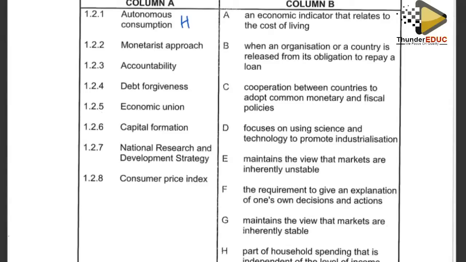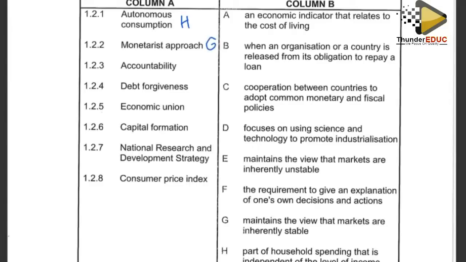So if you still remember, these guys under monetarist believe that the markets can be stable without the government intervention. So now if we check the options given in column B, then we see that the appropriate answer in this regard is G, that says maintains the view that markets are inherently stable. So it means that now our appropriate answer in this regard is going to be J.